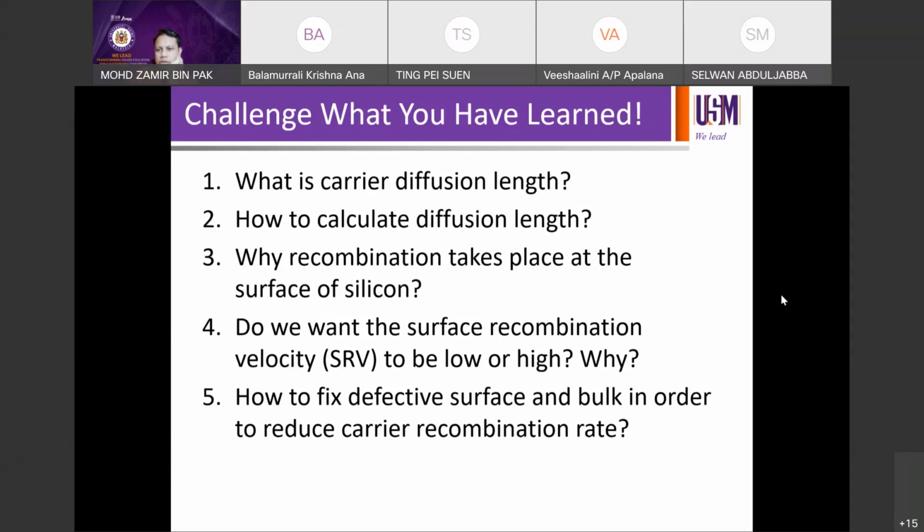What induces surface recombination? Hang on. I'll recap a bit before we move on. Kuatin? Why do we have surface recombination?